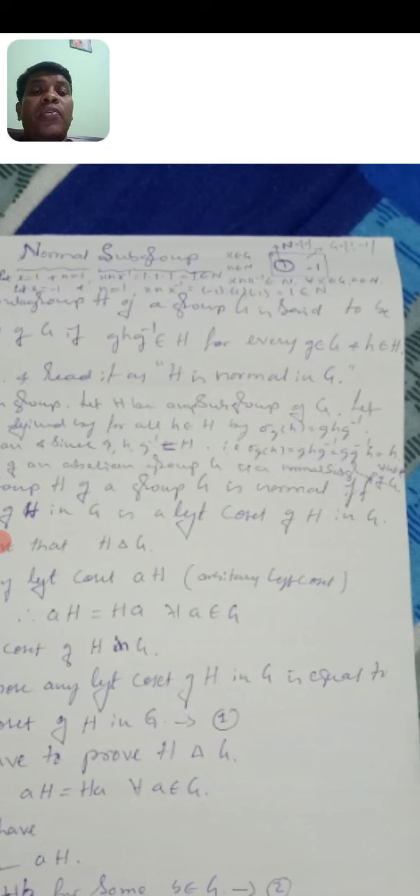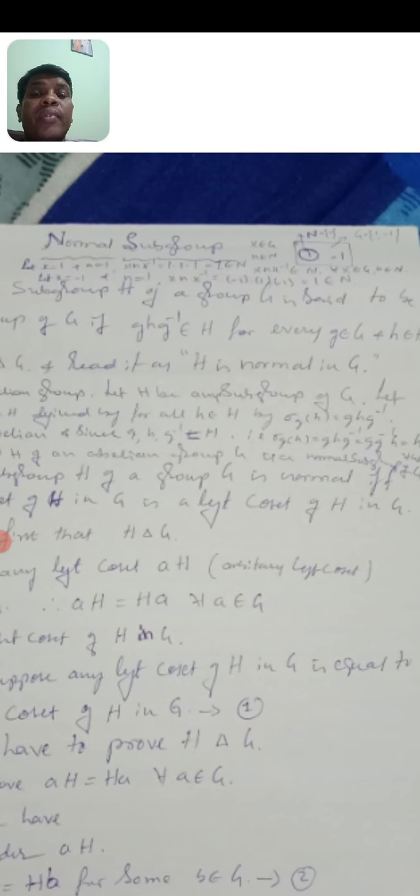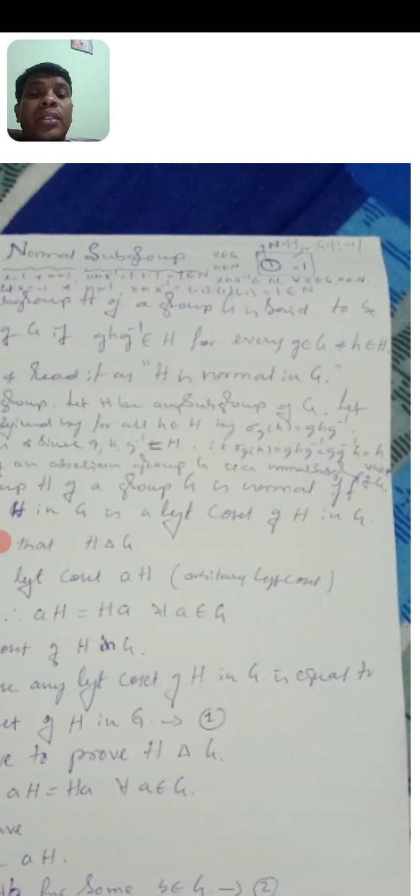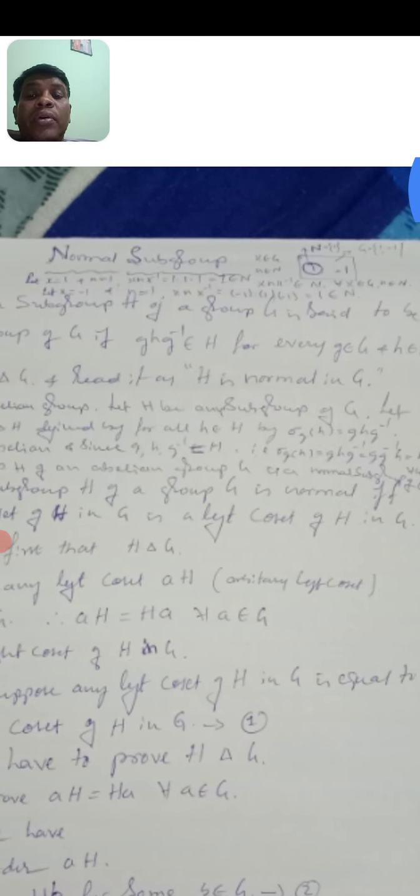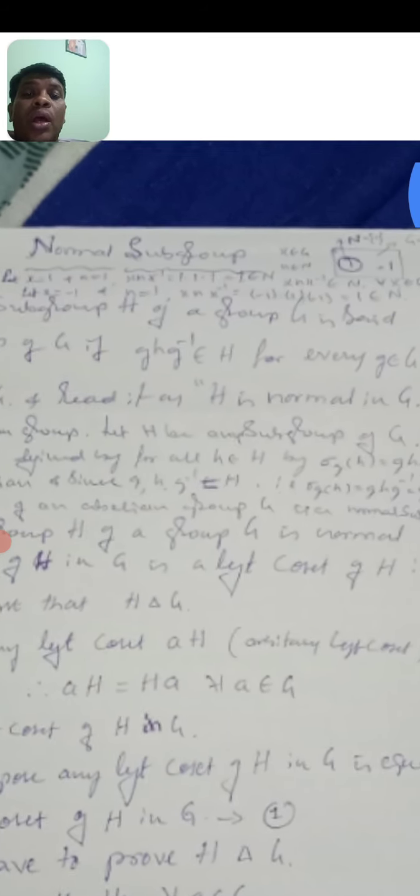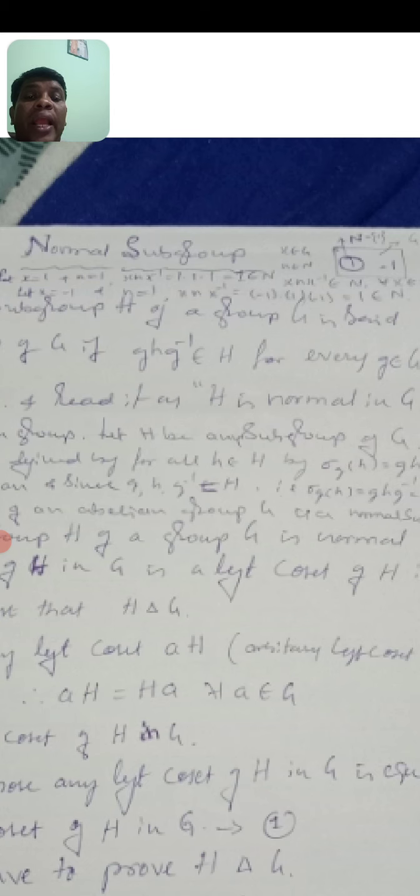For every x belongs to G and small n belongs to N, where x is equal to 1 and n equal to -1, then x n x inverse is equal to, x is 1, n is 1 and x inverse is also 1, that is equal to 1.